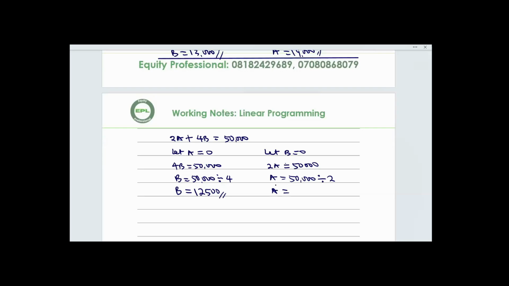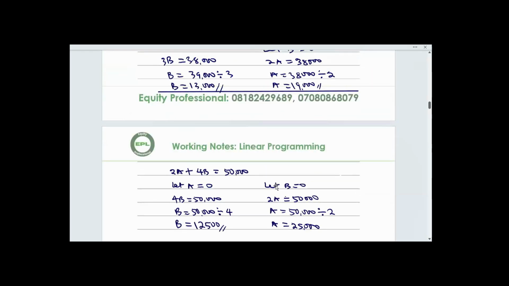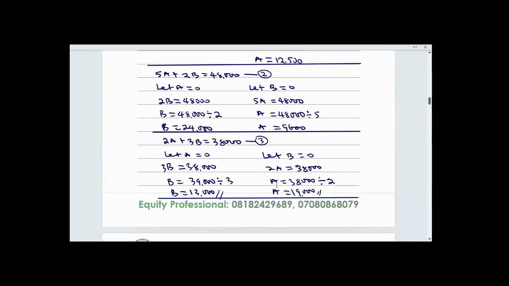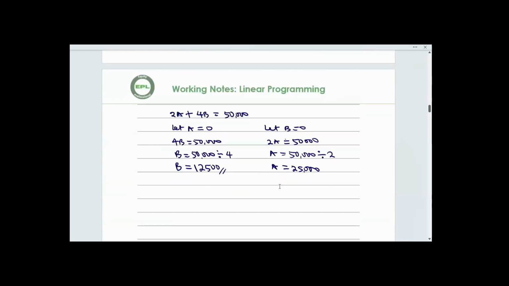So A equal to 25,000. Now, we are done. So the next thing we need to do is to construct a pivot table. All right, step 2, construct, or simply put, pivot table.